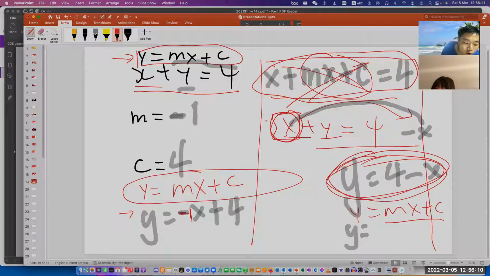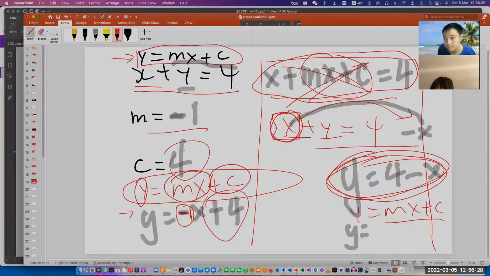The arrangement is always y on the left hand side of the equal sign, then mx comes first, c comes later. So you rearrange it, and you see minus x plus 4. So minus 1 is m, and 4 is my c.